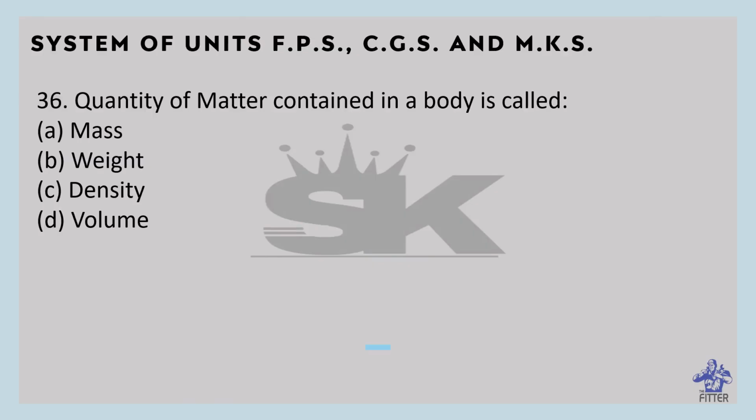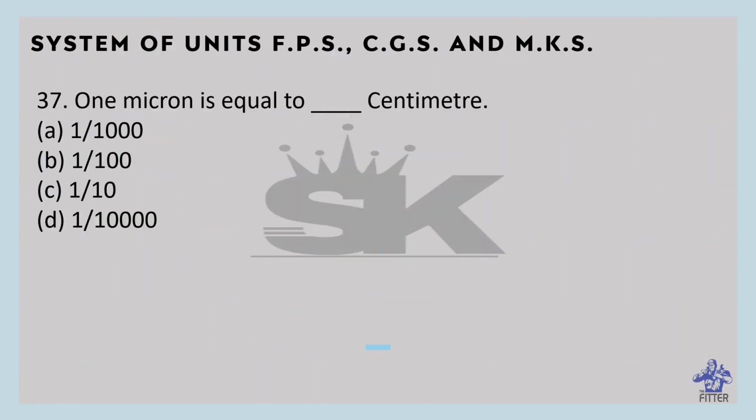Quantity of matter contained in a body is called mass. Okay. 1 micron is equal to dash centimeters. Here he is asking in centimeters. We know 1 micron equals 10 to the power of minus 6 meters, right?